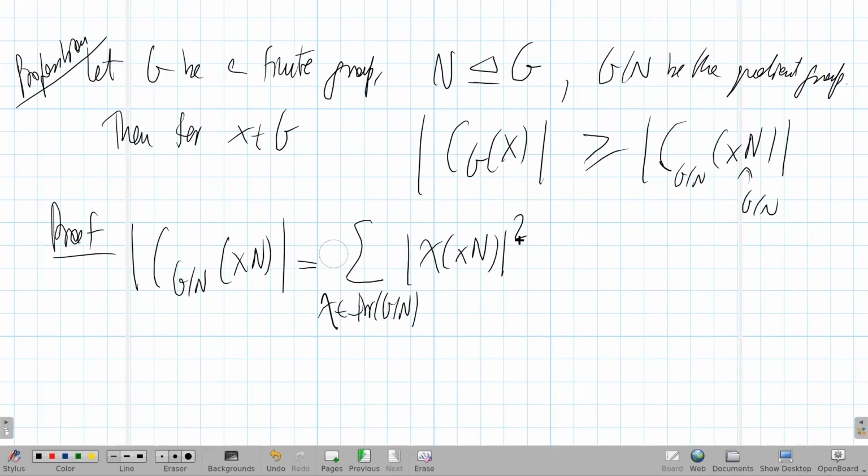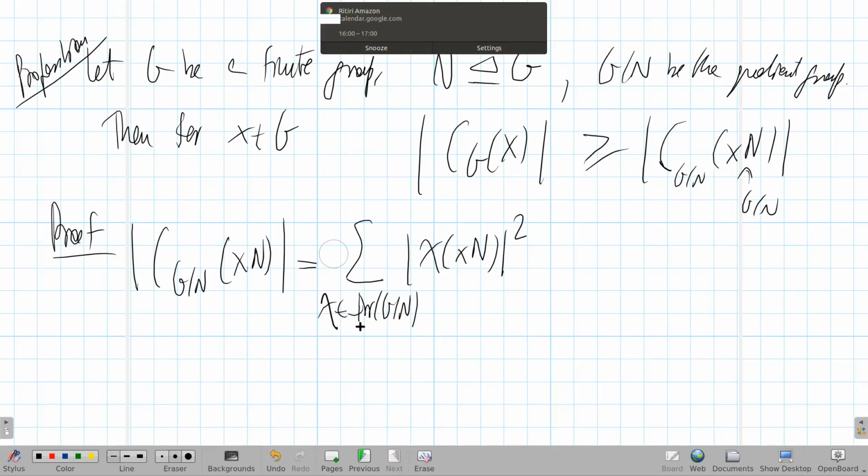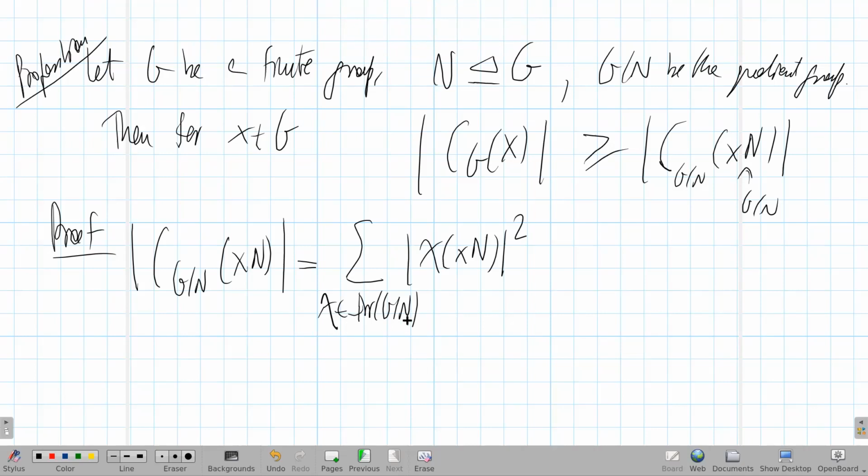Now there is an important point that we have done earlier. If rho is an irreducible representation of the quotient, then of course you can compose with the projection and you obtain a representation of G. So an irreducible representation or character of G over N gives you an irreducible representation of G. We have used this, for instance, to determine the linear characters of certain groups.